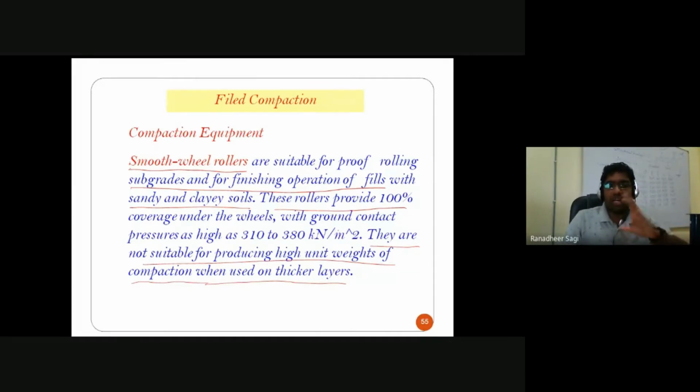In the case of soils compacted in relatively thicker layers, in the sense that instead of placing the soil in smaller thicknesses and rolling it, the soil placed is of more thickness, and you try to compact it with this smooth wheel roller, it may not be very effective in carrying out the compaction.